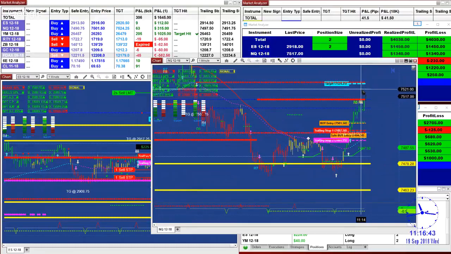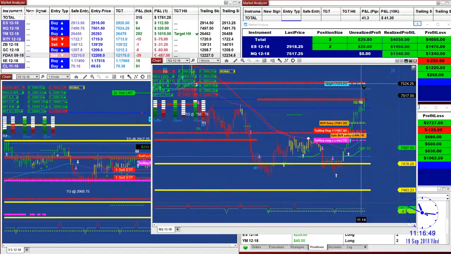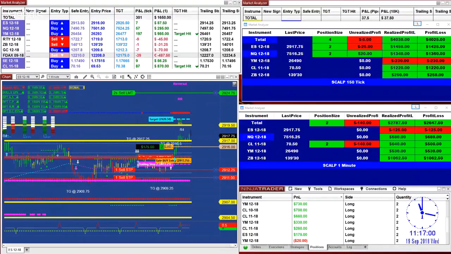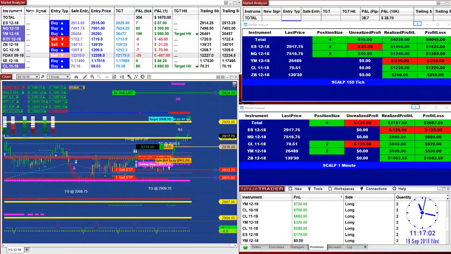We still have a small bumper at 21 level, and then we are heading to the final target at 24.25. 57 ticks into the last signal on the NASDAQ, and 7 ticks on the ES.